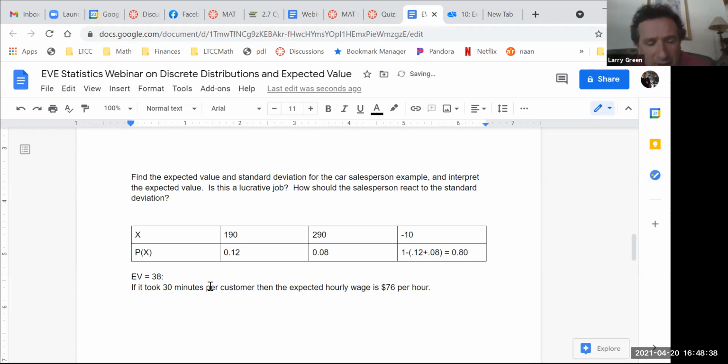On the other hand, the standard deviation, all right, SD for standard deviation, was 98. What does that tell you? If the standard deviation is 98, what does that tell you?